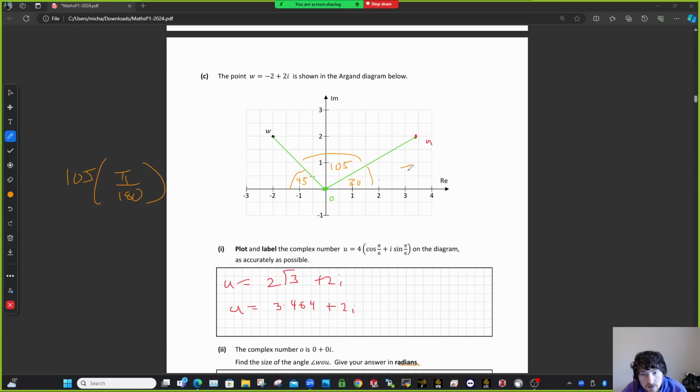Or you can just say this is pi over 6, this is pi over 4, and take them away from pi, which is the best way because 180 is pi. So pi minus pi over 4 minus pi over 6 gives you 7 pi over 12. That's the answer, and you can put rad at the end to say it's in radians.